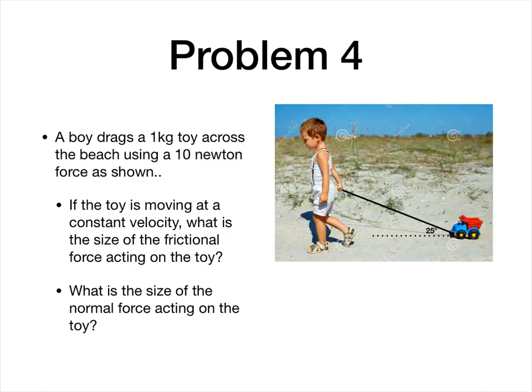All right, last one. A boy drags a 1 kilogram toy across the beach using a 10 Newton force as shown. Great. If the toy is moving at a constant velocity, what is the size of the frictional force acting on the toy? What is the size of the normal force acting on the toy? All right, so this is the easiest one that you were given. Let's go with a free body diagram.